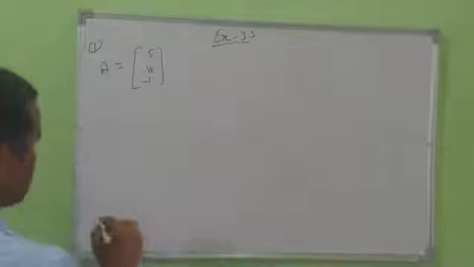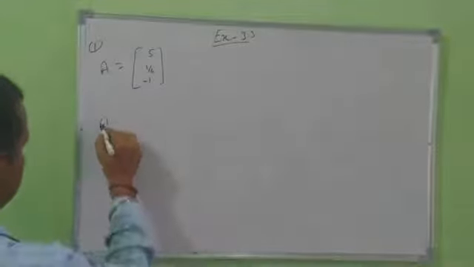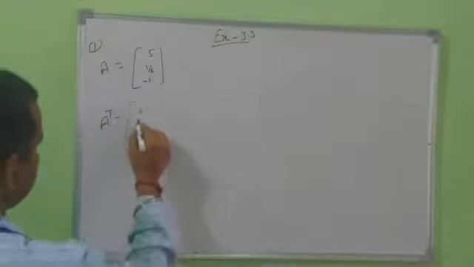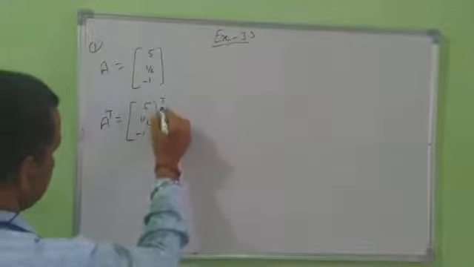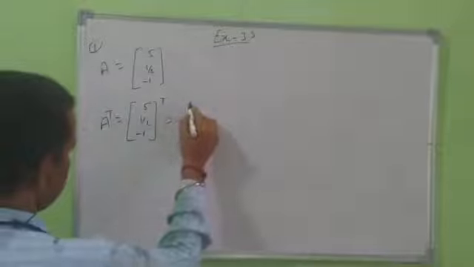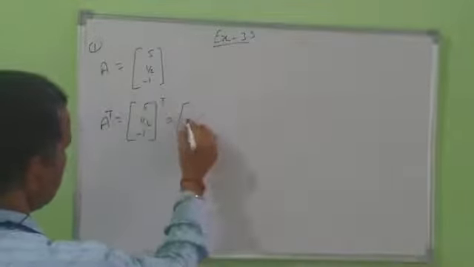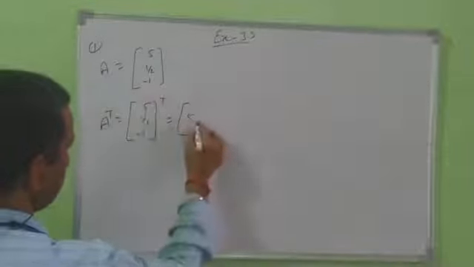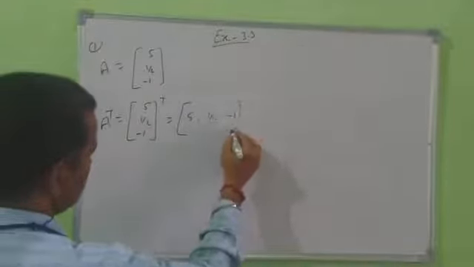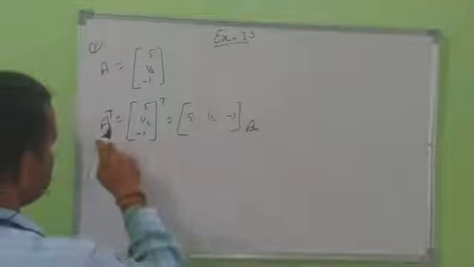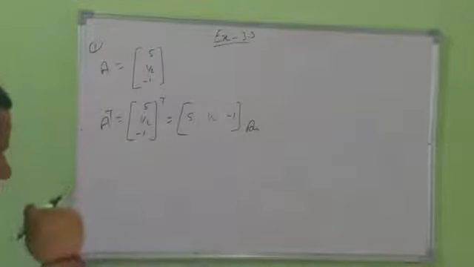What is the transpose of this matrix? You write 5, 1 by 2, minus 1, and the transpose: the first row is the first column, the second row is the second column. This is the answer.